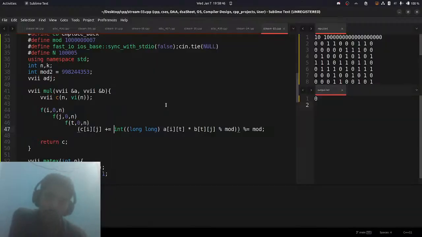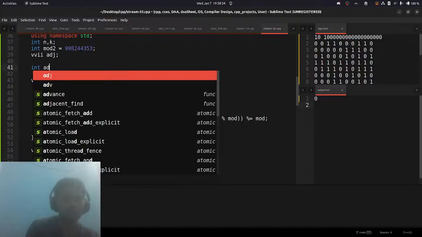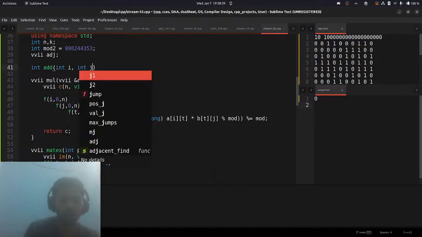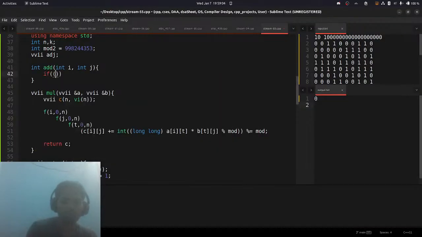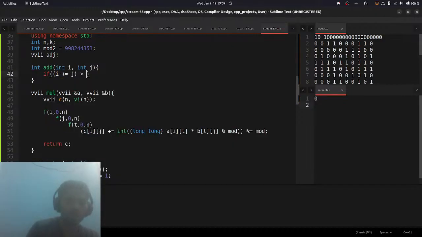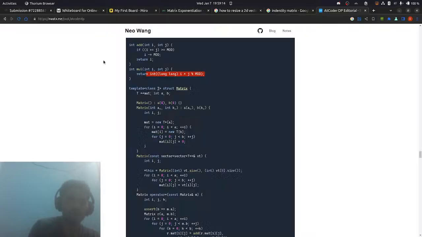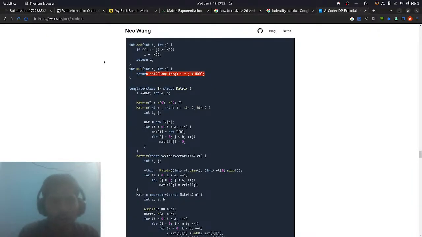Okay, addition is changed. So int add is like we have int i, int j, and if we have i plus equal to j greater than mod, then i minus equal to mod, and we are returning i. Okay, fair enough.